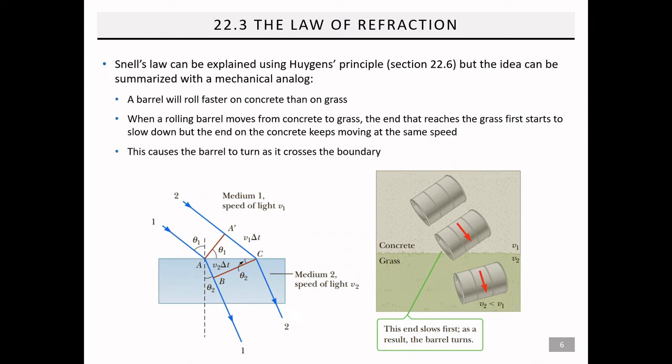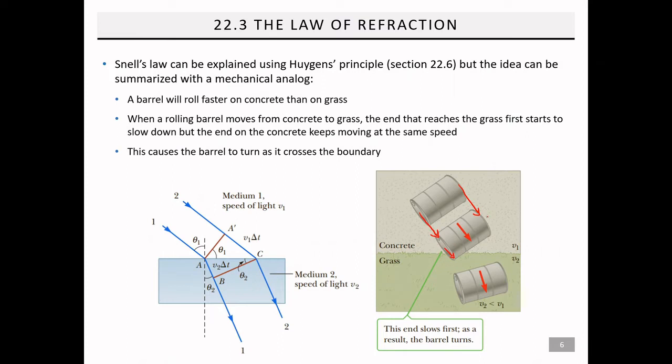So while the barrel is on concrete, it's rolling relatively fast, and both ends are moving at the same speed. When the barrel passes onto the grass, the left end is going to roll more slowly because the barrel does not roll as fast on grass as it does on concrete.